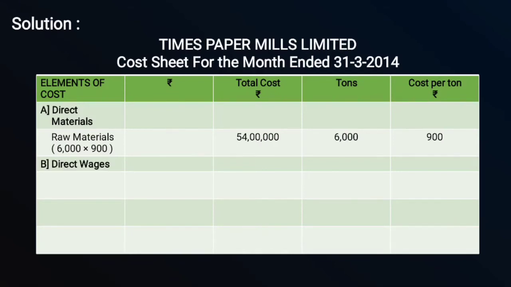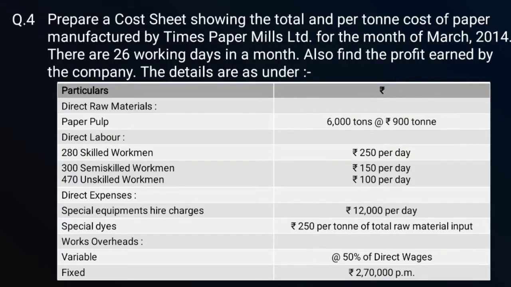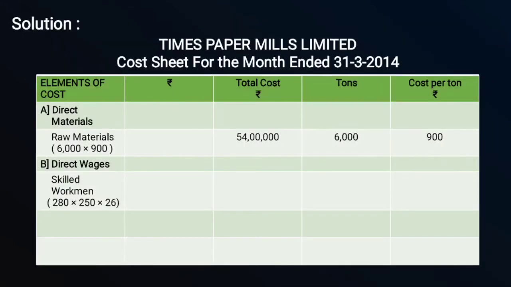Part B, direct wages. 280 skilled workmen at rupees 250 per day. So 280 into 250 into 26 working days. So the amount of skilled workmen will be 18,20,000.